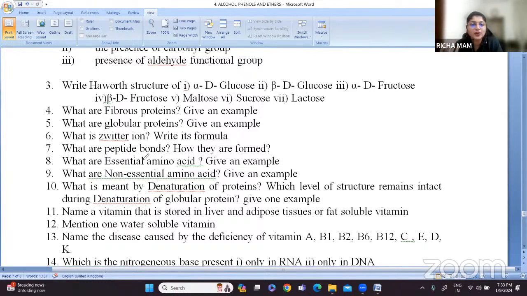Whenever proteins are heated, or there is a change in pH, these proteins will lose their identity. They will lose their biological activity. Then it is called denaturation.